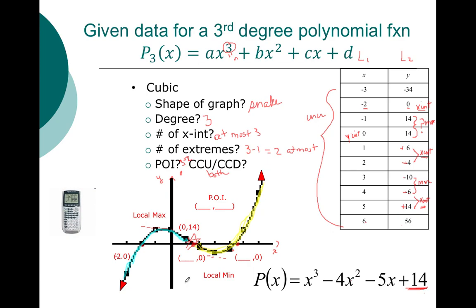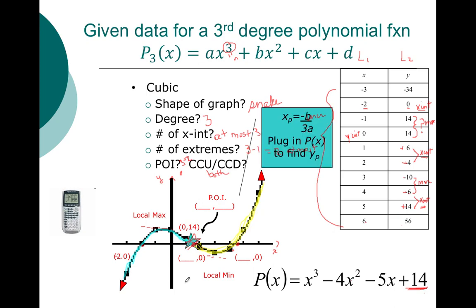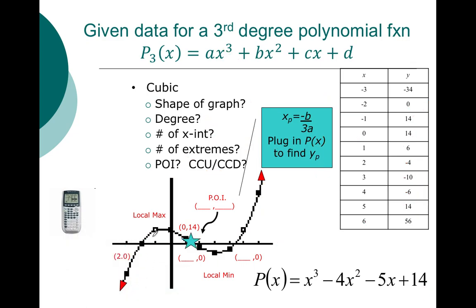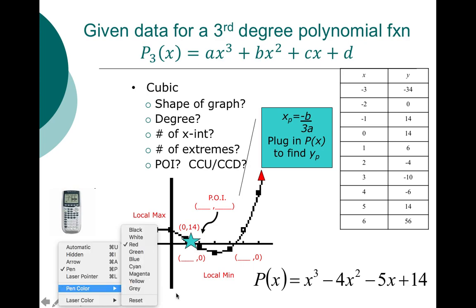You don't have to. But a point of inflection has an x-coordinate and y-coordinate. How can I find it? So how do I find the x-coordinate? I go to my equation.